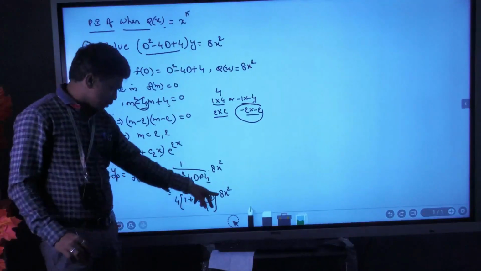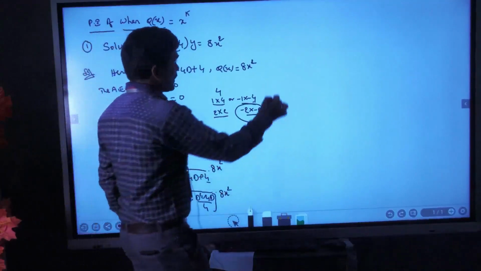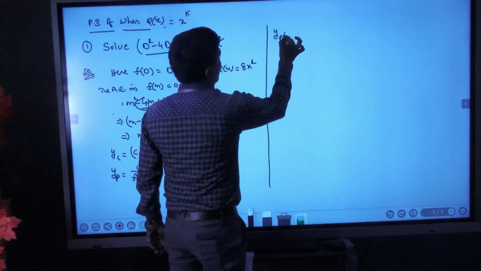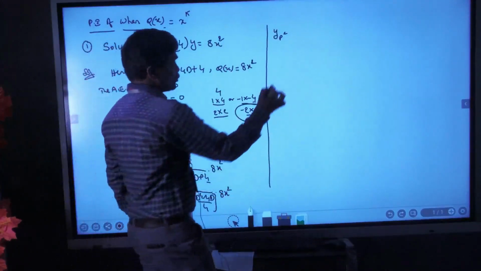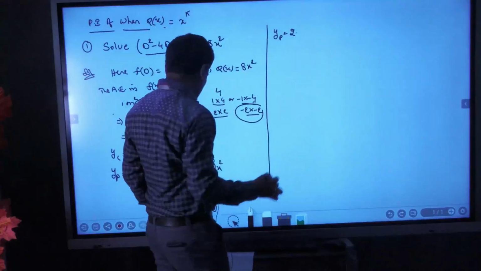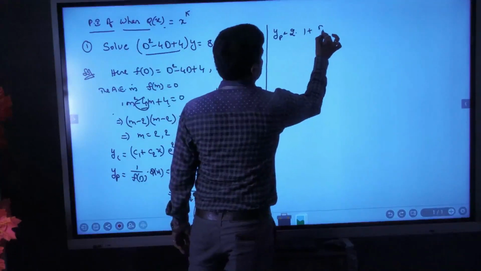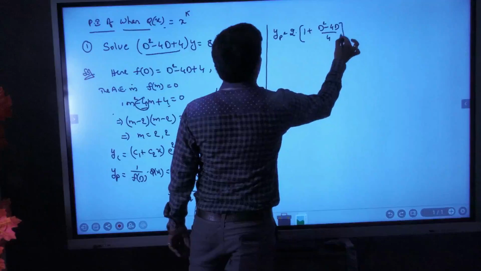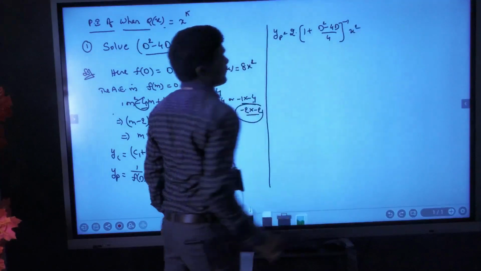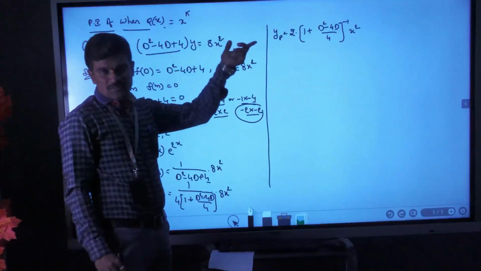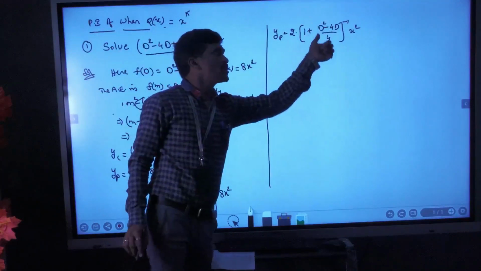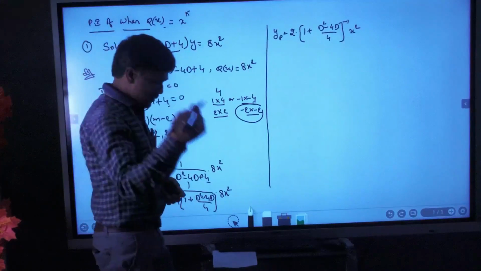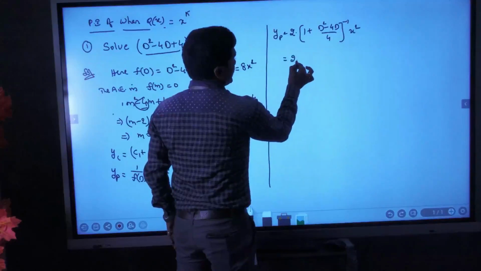So now it is 1 plus phi of D. Take 4 into the numerator: 8 by 4 we get 2. So yp is 2 times 1 plus (D square minus 4D) by 4, whole inverse, into x square. This is the 1 plus phi of D inverse form. Now it is 1 plus some function in D. What is the formula for 1 plus D inverse?